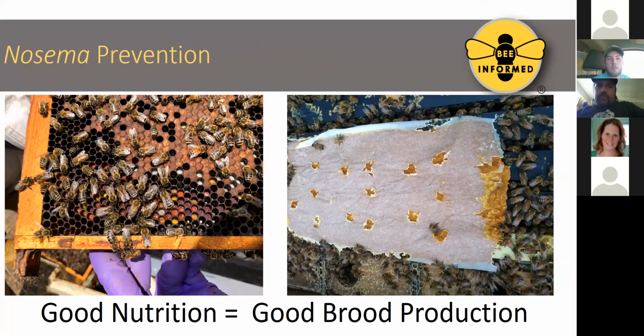All right, so now we'll go into some prevention methods. So to prevent Nosema, beekeepers want to have good brood production, and you can't have good brood production without proper nutrition. So you want to make sure your bees have enough honey and pollen. You want to ask yourself that question: do my bees have enough honey and enough pollen stores to successfully rear brood?